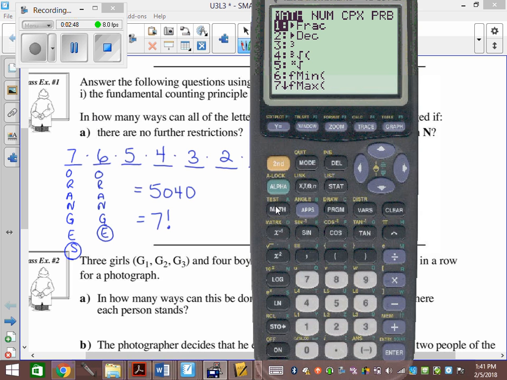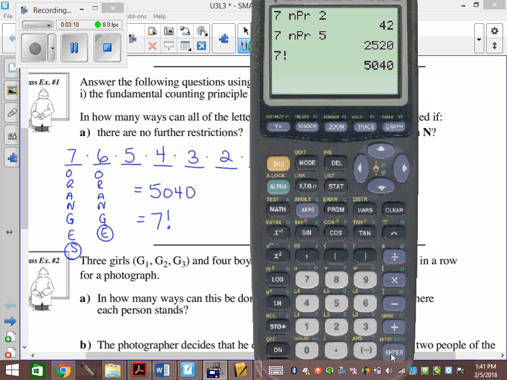You're going to arrow to the left to probability and number 4, and enter. Same answer, right? 5,040. You can only do that though, like I said, if you go down by 1 all the way to 1. If you only went 7 times 6 times 5 times 4, there's no way you can put that in. You'd have to actually type it out. Okay?